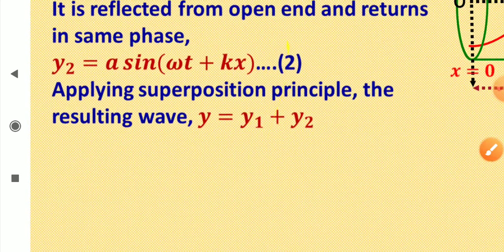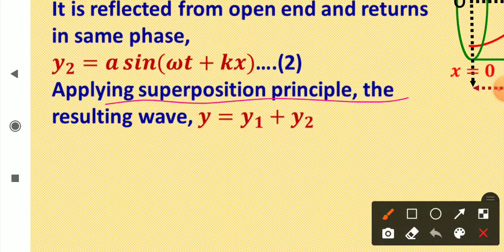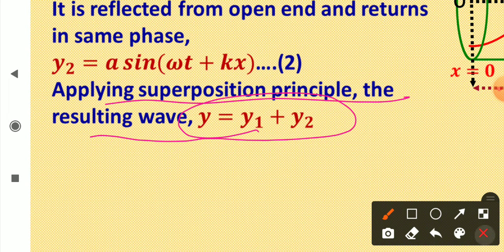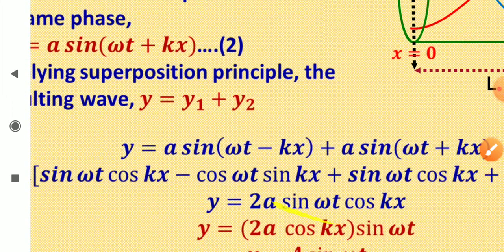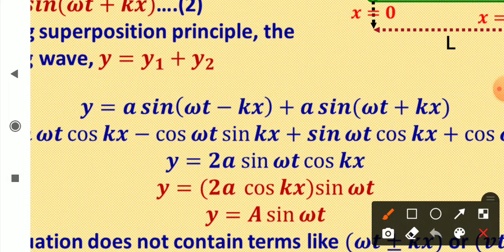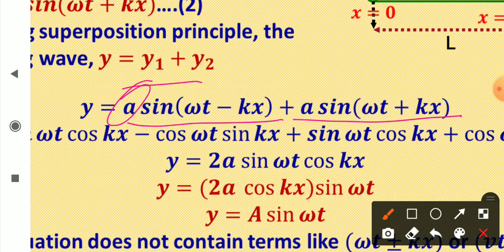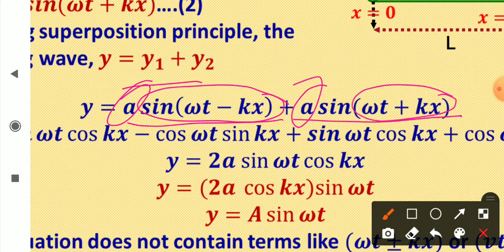And these two waves are superposing over each other. So the resulting wave is the sum of these two waves, y1 plus y2, and putting the values of y1 here and y2 here, a is common, you can take it common, and open this using the formula of sin(a minus b), and this one using the formula of sin(a plus b).